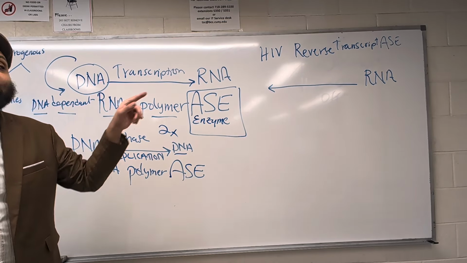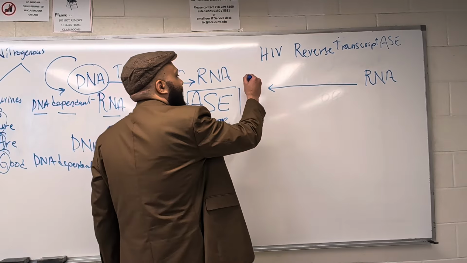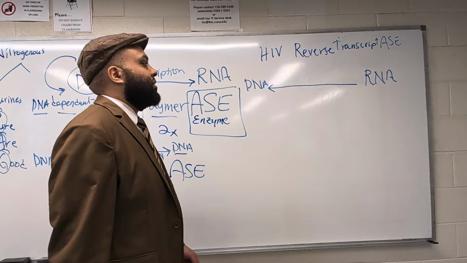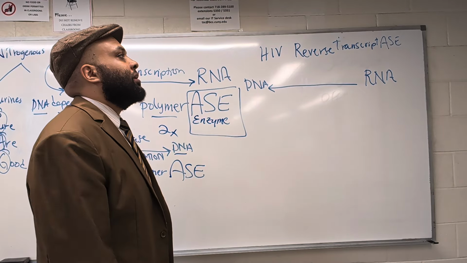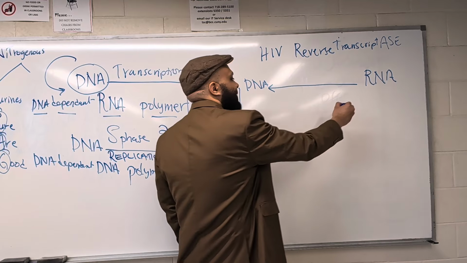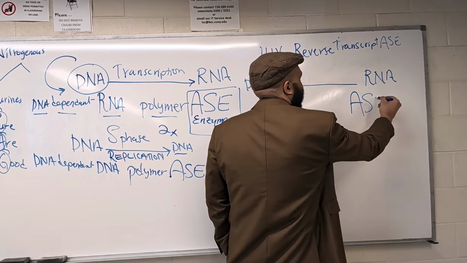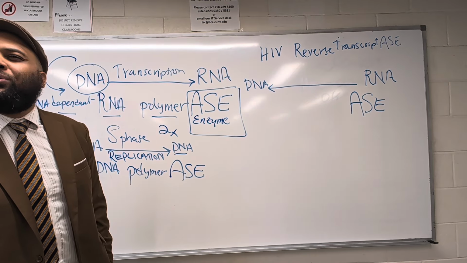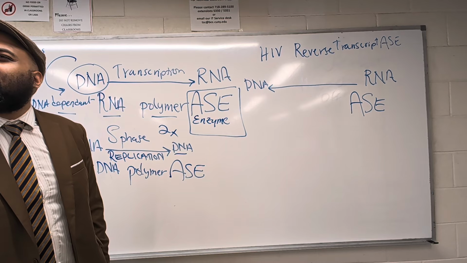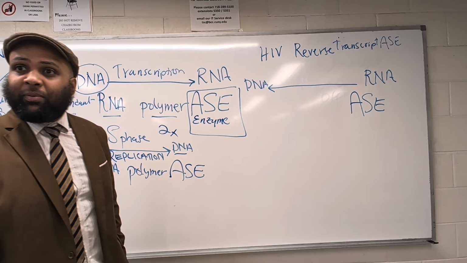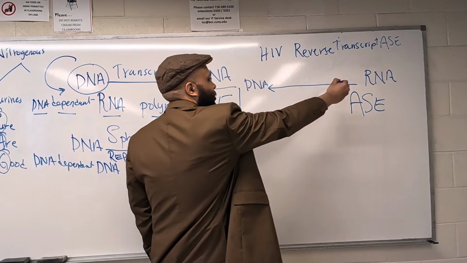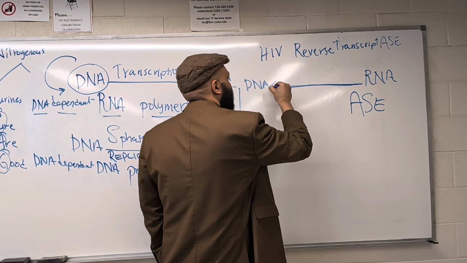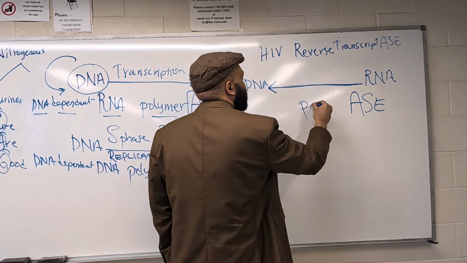But the HIV, look at the arrow. Look at the arrow of HIV. Now who can help me name what is the enzyme? Obviously it's an enzyme, so it's an -ase. Does it make a polymer or no? Look at the arrow. The arrow is going from RNA to DNA, so it does make a polymer.